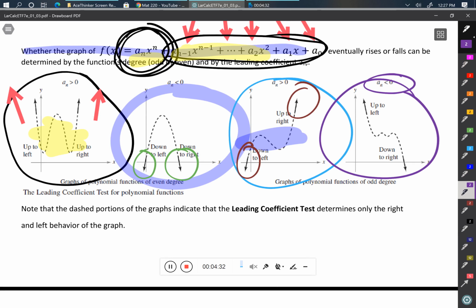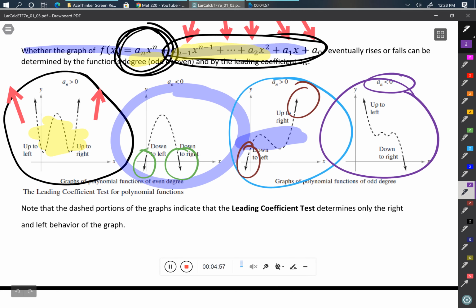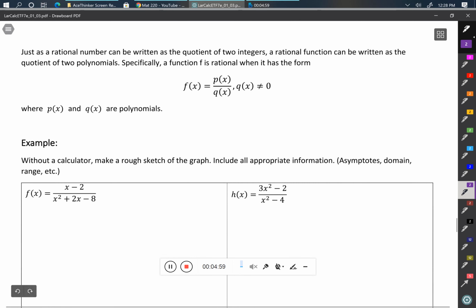How do I know that if I don't make this window bigger, it's not going to wiggle more out to the right, or turn back and go back down somewhere out to the right or out to the left on my picture? How do I know that I'm seeing the whole thing? The leading coefficient test can be used to help us determine that, because we know what it should look like on the ends. And when we see that behavior on the ends, we know that we're seeing enough of the graph. Okay?